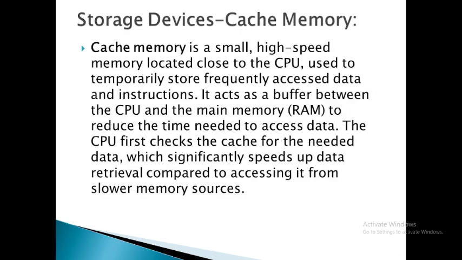Then you have the cache memory. This is a small, high-speed memory which is located close to the CPU. It's used to temporarily store data that is frequently accessed by the CPU.